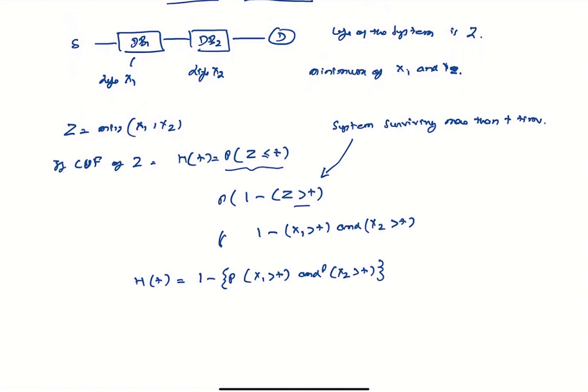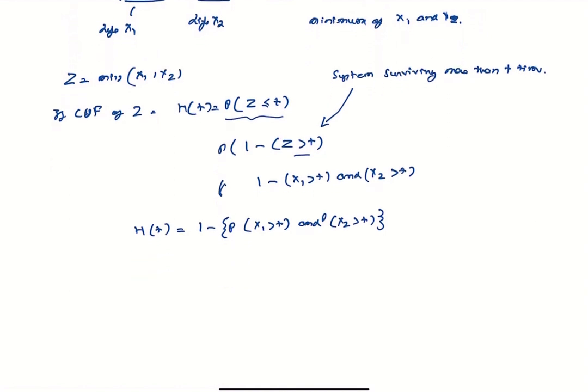This thing can be written as 1 minus f1 of t, because that will be the CDF of f1.